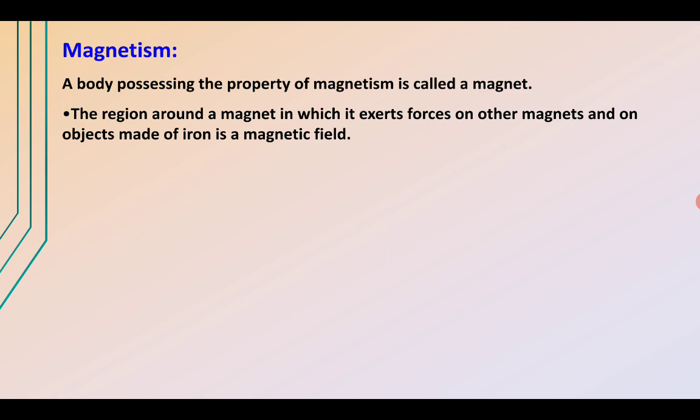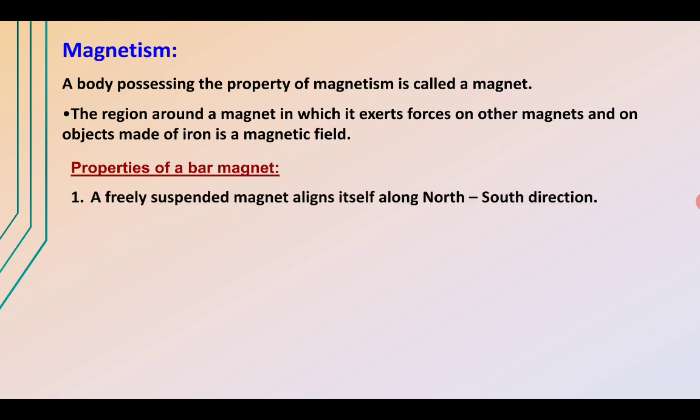And all these magnets show some basic properties. The properties of magnets are: number one is the directive property. When a bar magnet is suspended freely, it aligns itself along the north and south direction.